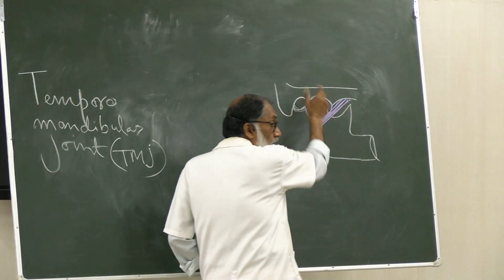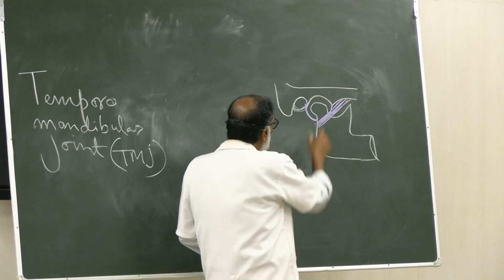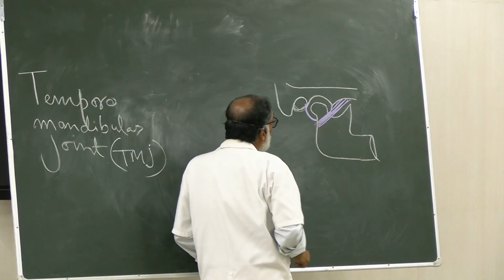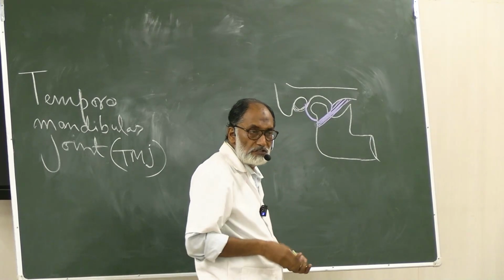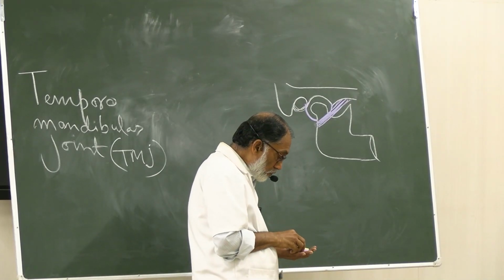This is the mandibular fossa, and this is the condyle of the mandible. This joint is completely separated by a fibrocartilage.